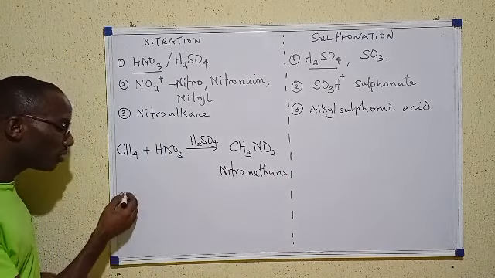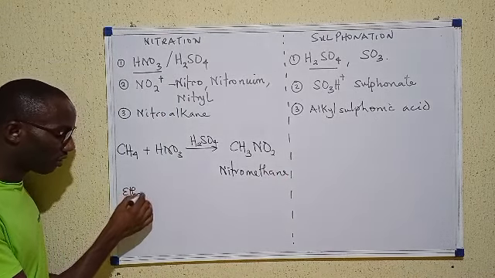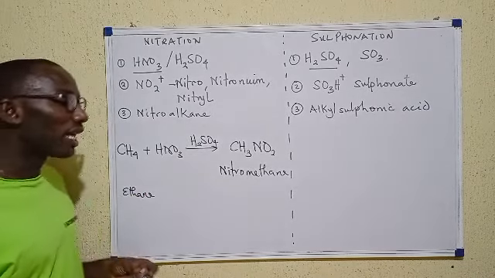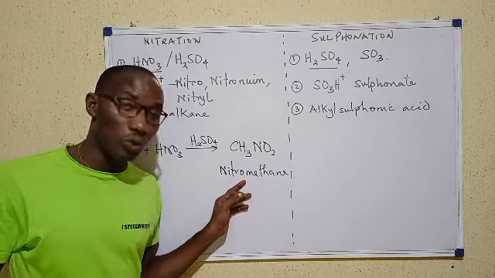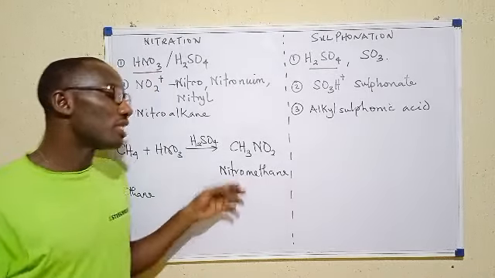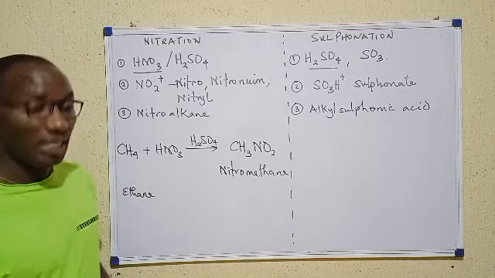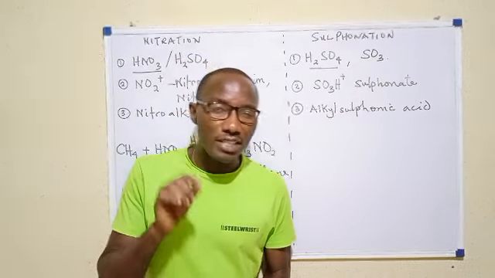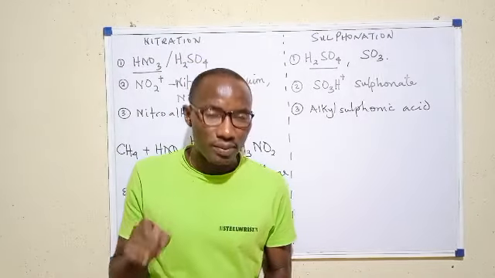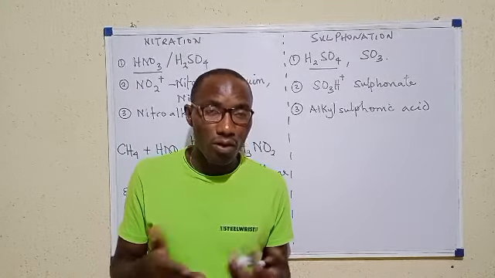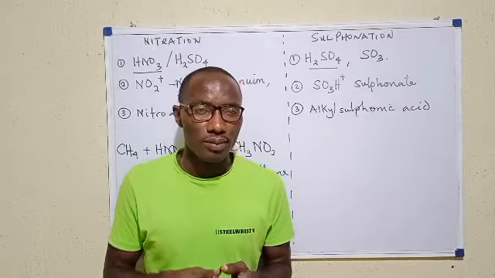If we were to use ethane for this, so ethane undergoing nitration, you will get nitroethane, no doubt. But there will also be the formation of nitromethane. In other words, nitration of ethane does not give one product. It gives a mixture of products.